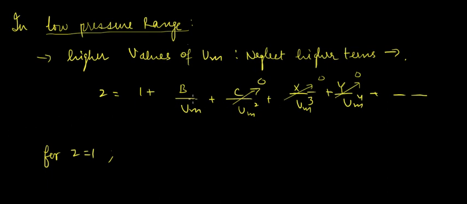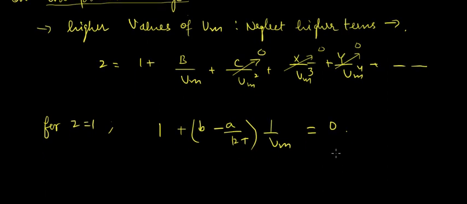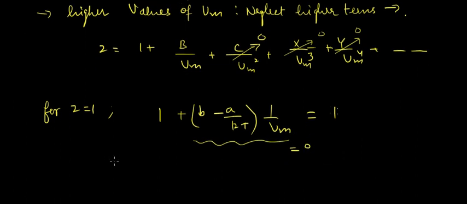So you can directly write that for Z equals to 1, you would have 1 plus (b minus a upon RT) divided by Vm equals 1. So this value would be equal to 0, and as Vm is not equal to 0, this implies that b minus a upon RT would be equal to 0.